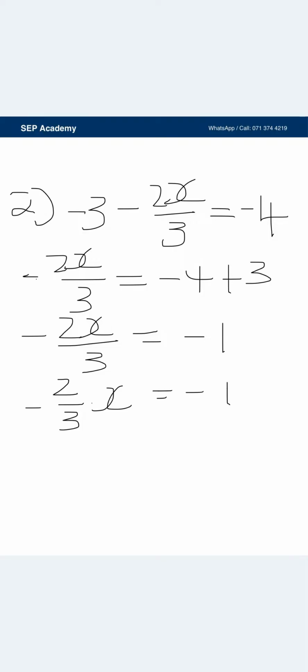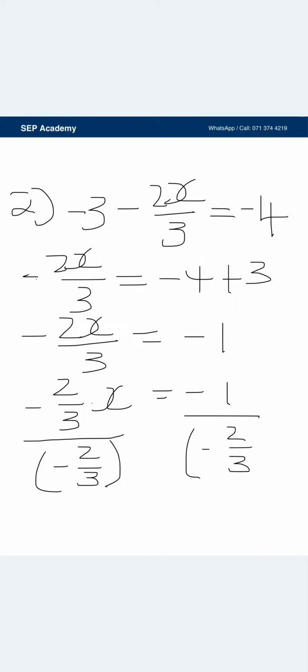The reason why I'm doing it this way is so that I can divide by exactly that negative 2 over 3. I'm sure by now you know why. Obviously, what you do on the left, you do on the right. You divide by that so that the whole of this can cancel completely with that. Then you remain with your x, which will be equal to, you can punch that on your calculator.